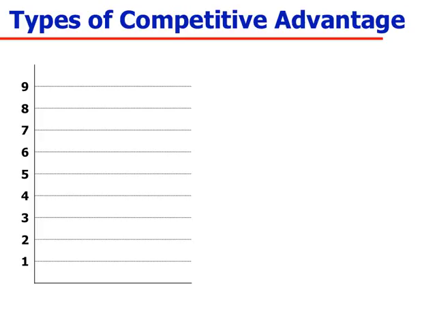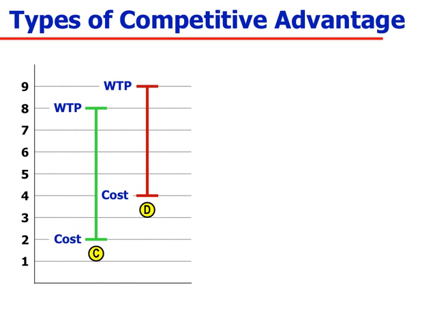So let's go back to what we talked about in terms of low cost advantage. We presented these slides on the types of competitive advantage, and the example we gave of a low cost advantage was this here. It happened to be firm C and D, and we talked about firm C being the low cost firm.